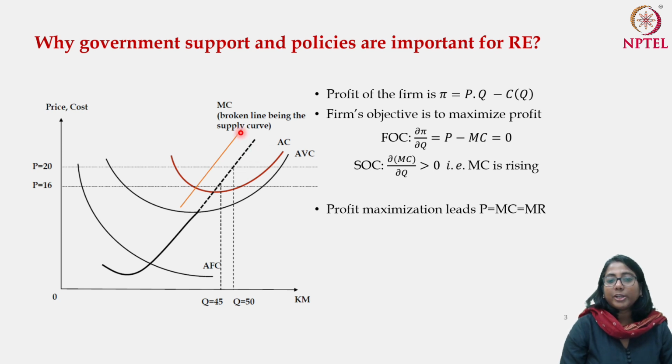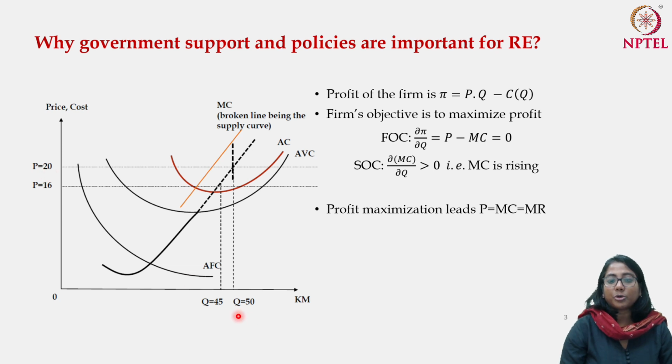Now, if this is the new cost curve, which actually takes into account the external costs as well, then the scenario changes. What happens? In this case, if the farm wants to produce a quantity equal to 50, which earlier with this broken MC curve it was able to supply in the market at the price P equal to 20, it will no longer be able to do that.